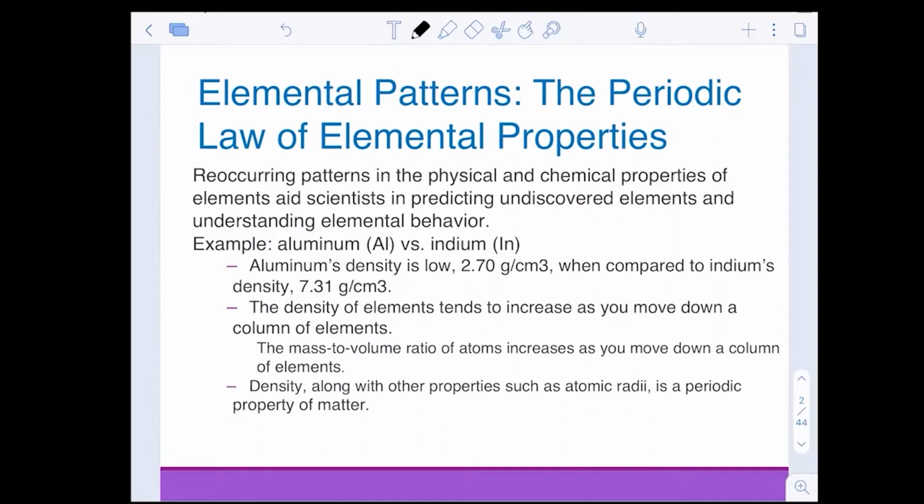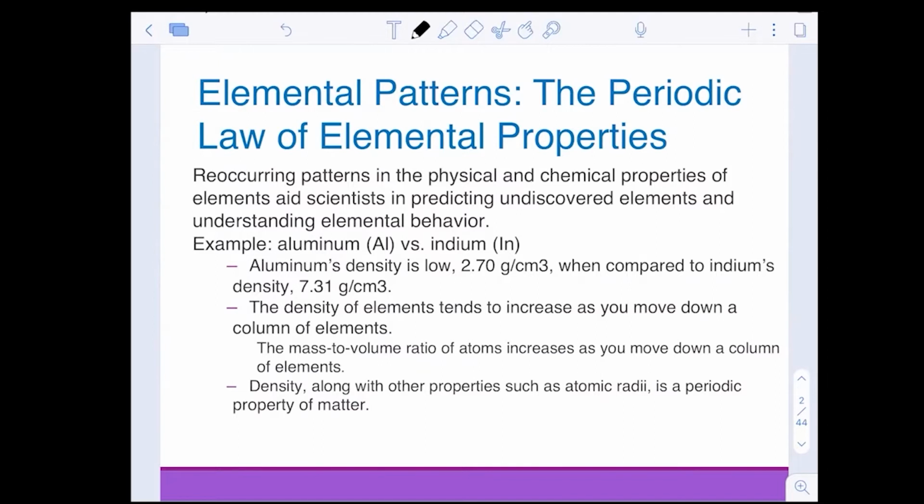So for instance, aluminum versus indium. Aluminum's density is low. It's 2.7 grams per centimeter cubed. And when compared to indium's density, 7.31 grams per centimeter cubed, we can start to see that as we move down a column on the periodic table, aluminum is in column 13, and indium is just two rows down.